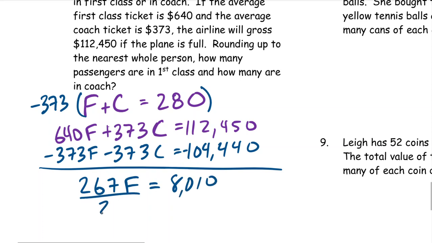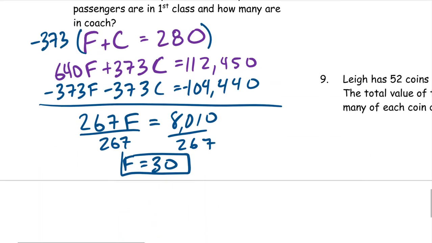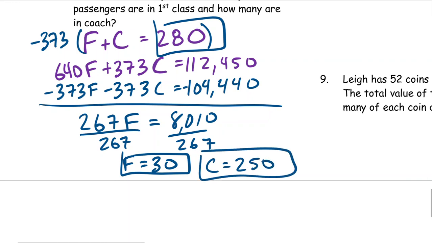So now we'll divide by 267. So 8,010 divided by 267 equals, so there were 30 first class travelers. That means that if there were 280 total, that means that there are 250 coach travelers.